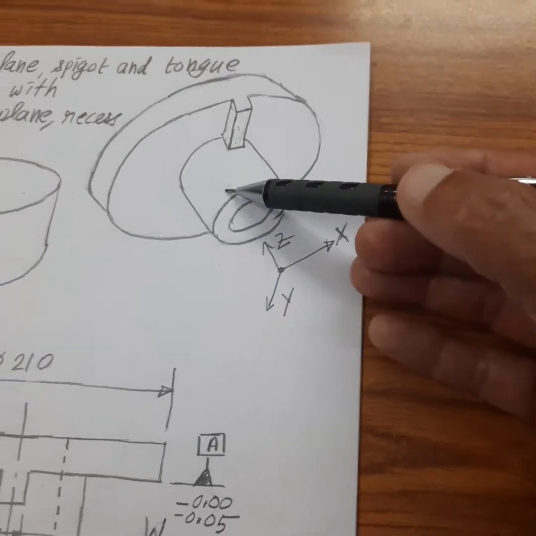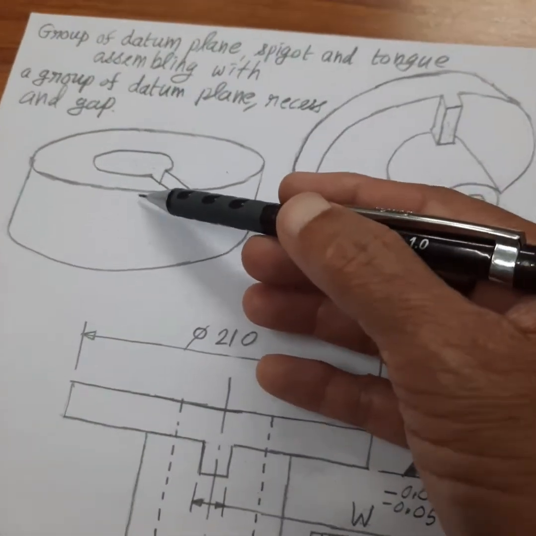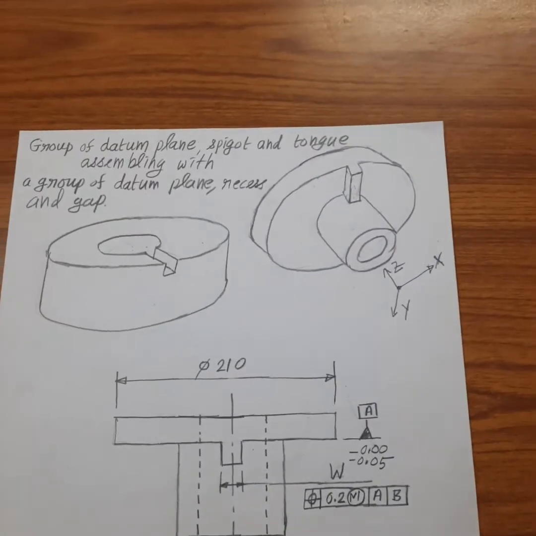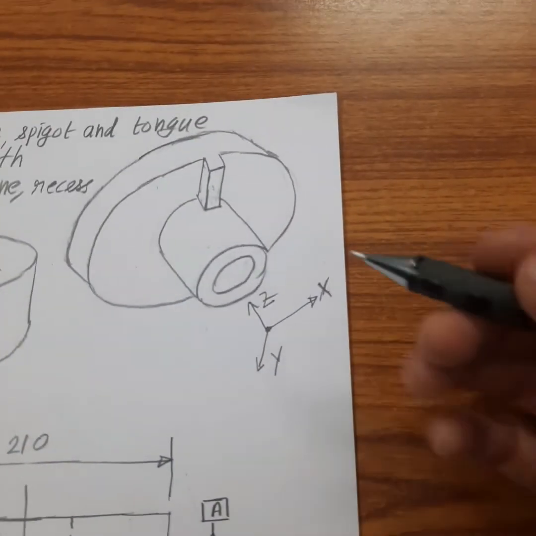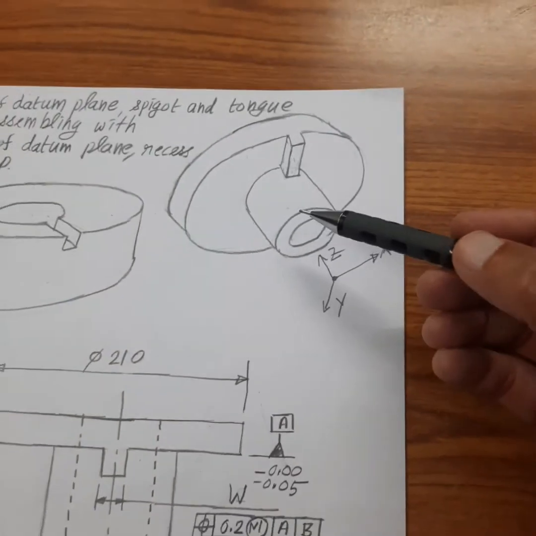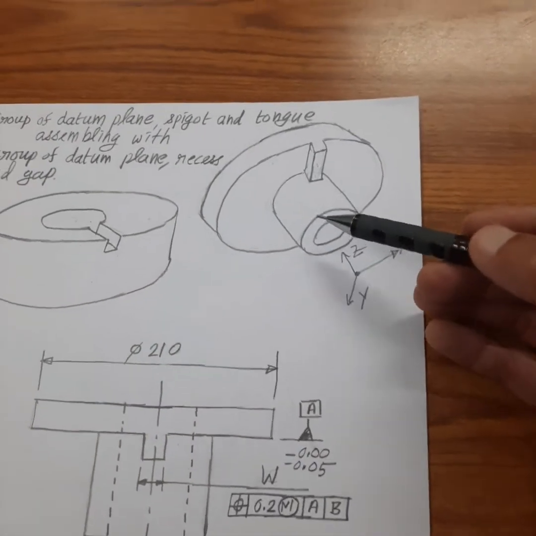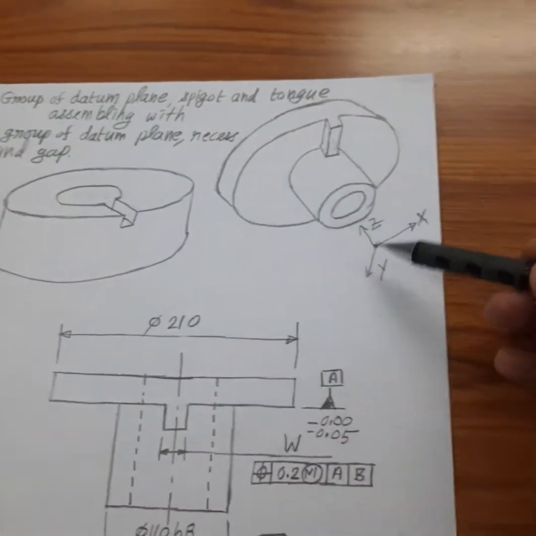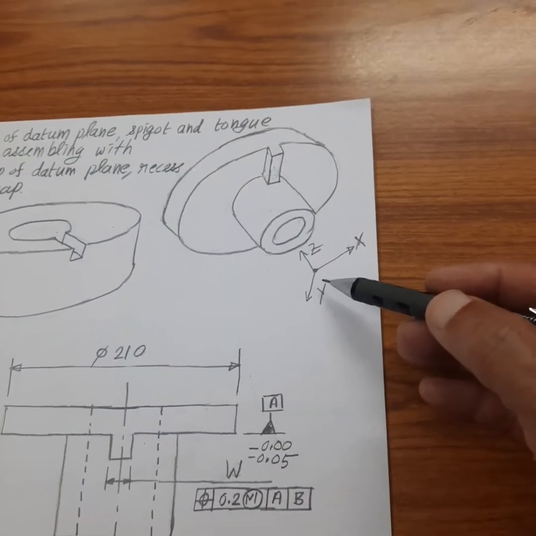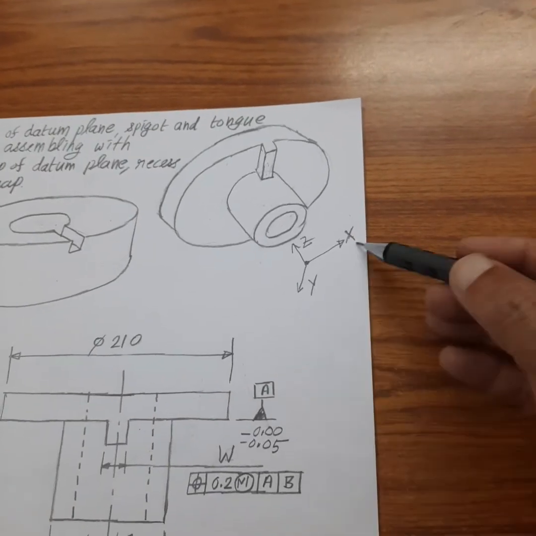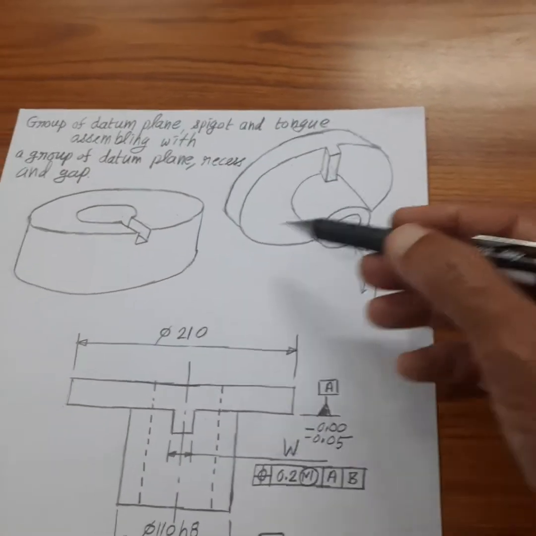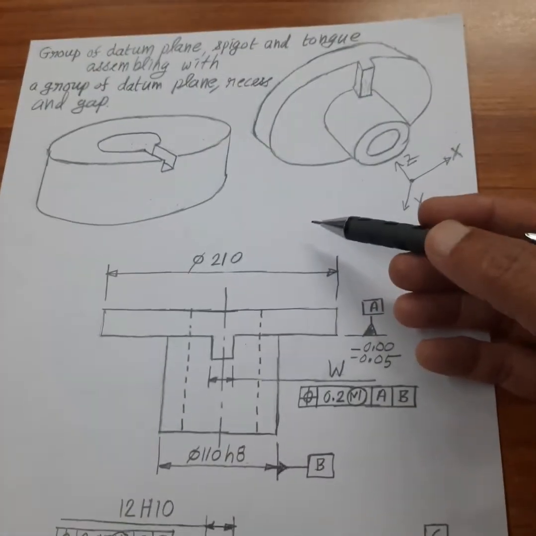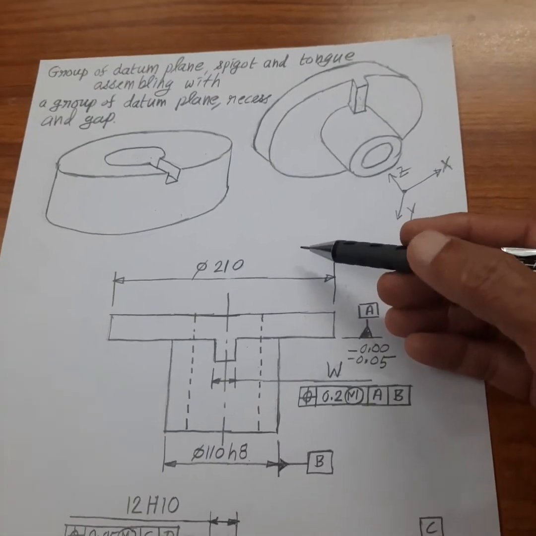So when this spigot is assembled onto the recess, due to the small clearance existing between the spigot and recess, the translation degrees of freedom along X and Y of this member are not fully constrained. So that calls for locational inaccuracy in translation.